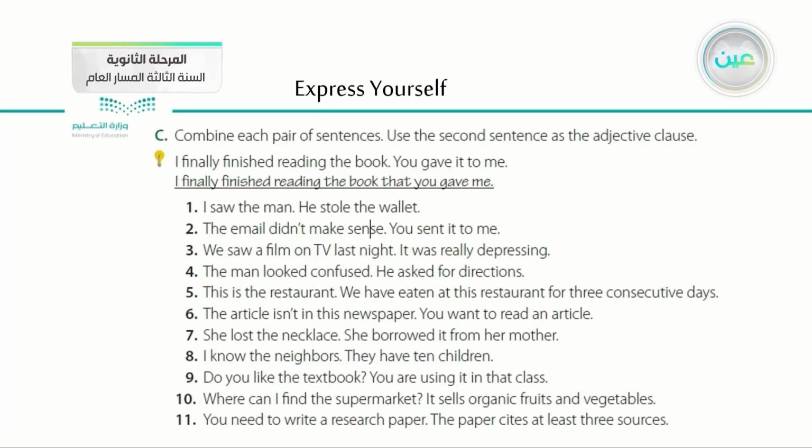After that, we went to exercise C, combine each pair of sentences, use the second sentence as an adjective clause. We have 2 sentences or more in each question. And we learned how to combine these 2 parts of sentences by using relative pronouns.